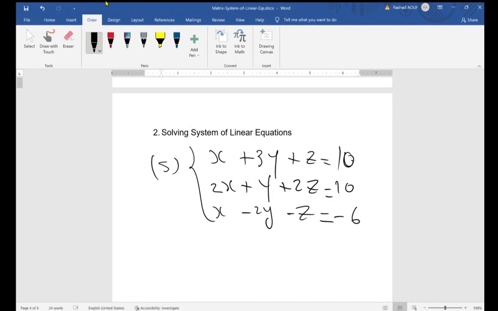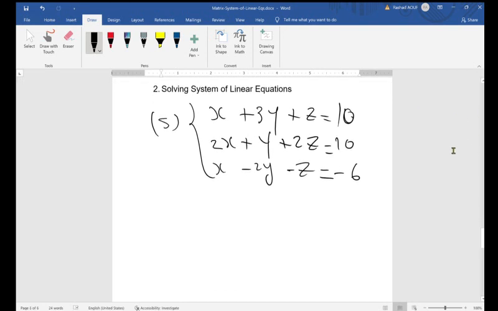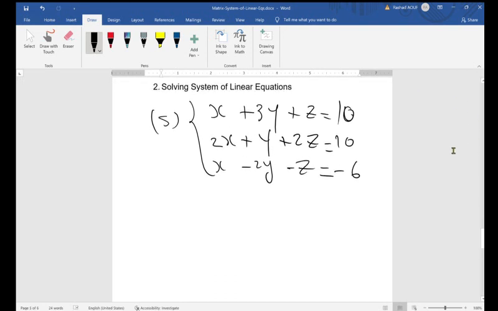The first thing you must do is put them in matrix form, like this: A times x equal to b.